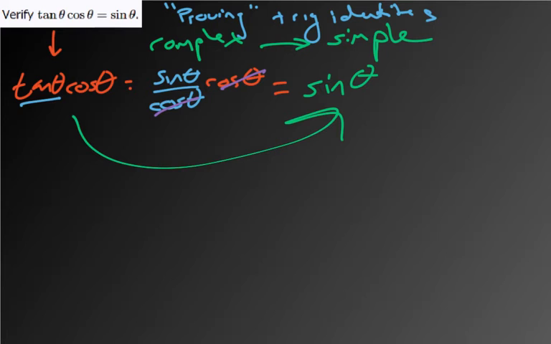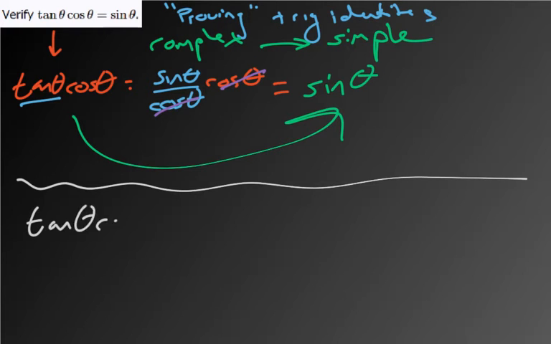And again, why would you care is a very important question. What I might run into in a problem is I might have this, tangent theta times cosine theta equals 1/2. If I didn't realize that tangent theta cosine theta can be simplified, it looks like a more complicated problem, but this can be simplified to sine theta.